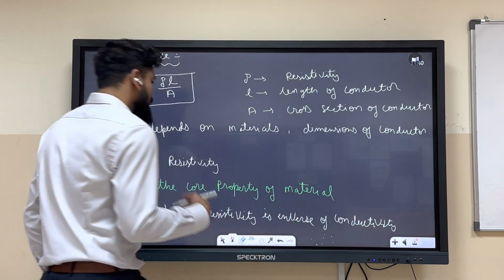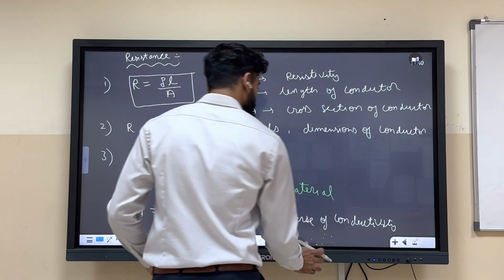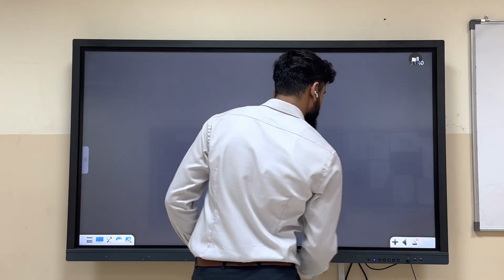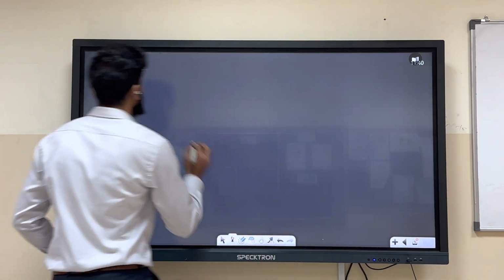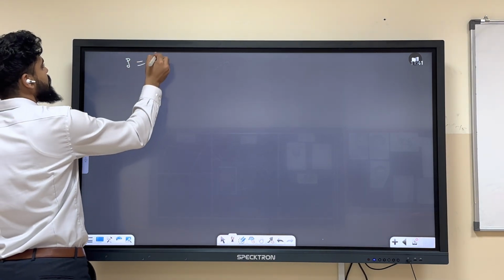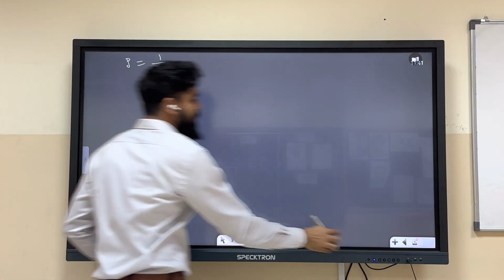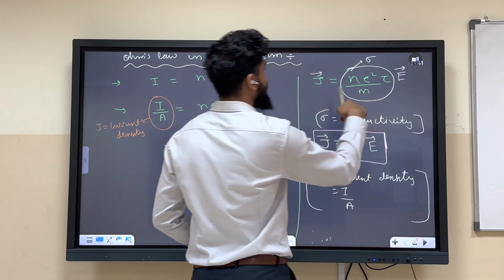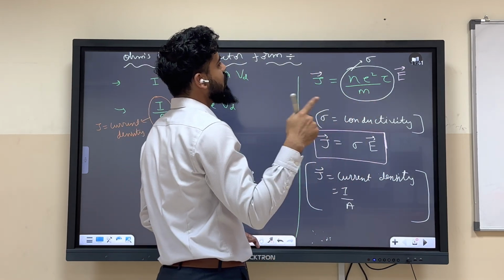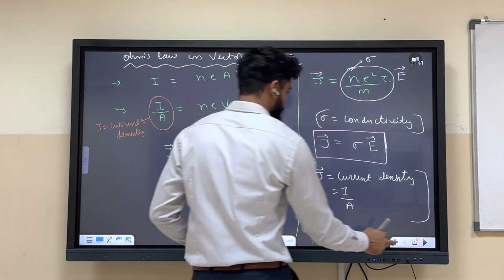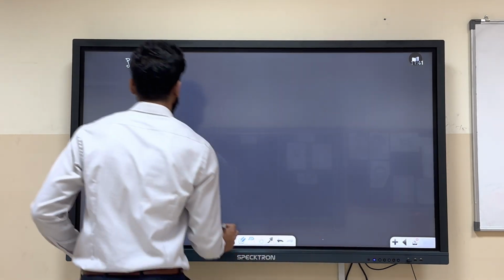Okay, now we can write resistivity as 1 upon conductivity. From before, I am just writing the value of conductivity, that is n square tau by m, n e square tau by m.